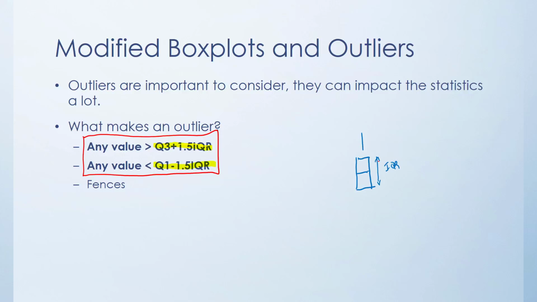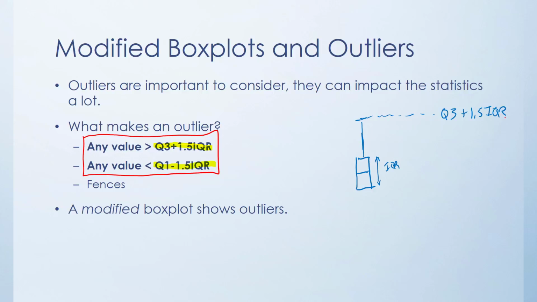We're going to make it 50% bigger, and mark that above the quartile 3. Anything up to that point would not be an outlier. So this is Q3 plus 1.5 times interquartile range.